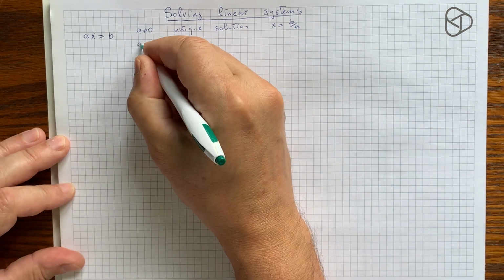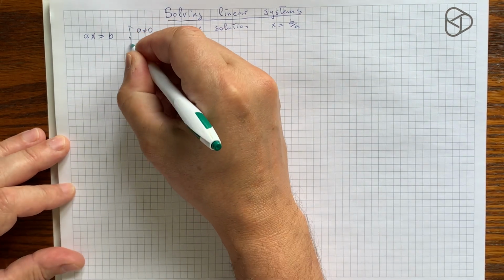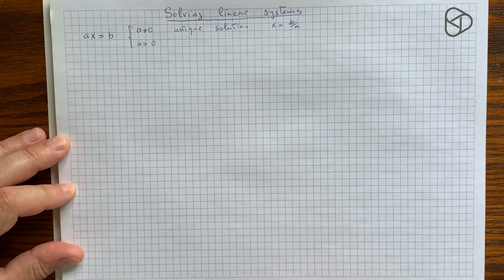If A is zero, we might have two outcomes depending on what B is.